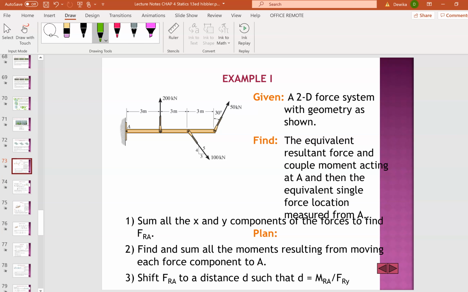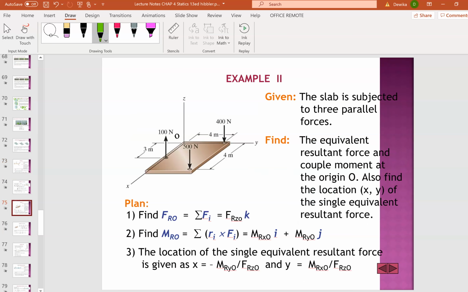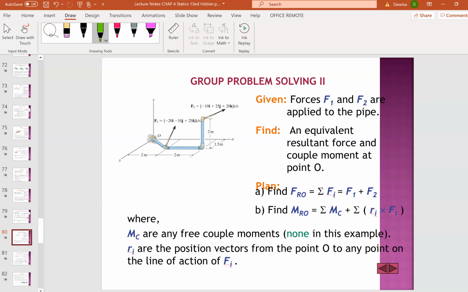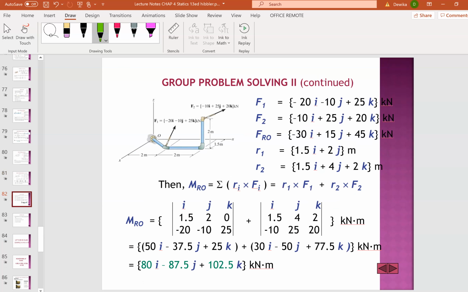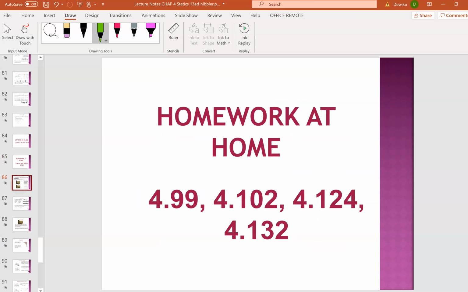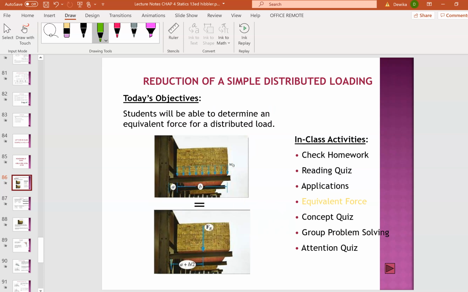Okay, so there are examples here. As usual, I'm not going to go through the examples in the lecture notes. I will directly go to the examples in the textbook itself. So what is further simplification? No, sorry, this is another topic. This topic I'm not going to cover here because I'll be covering it in the centroid lesson.